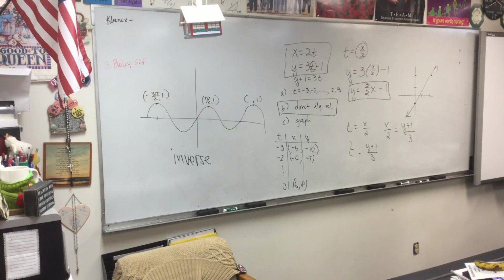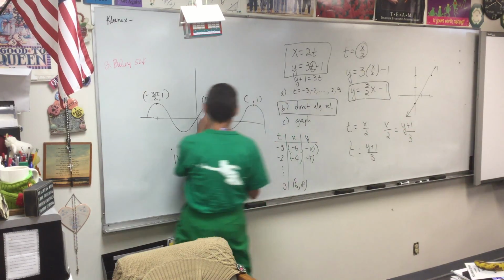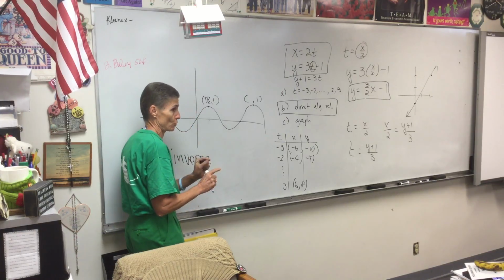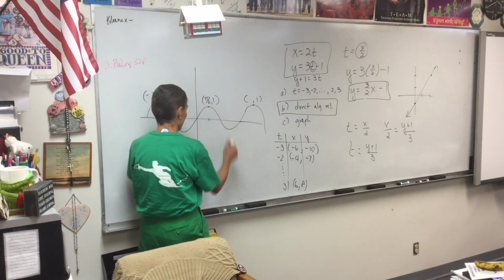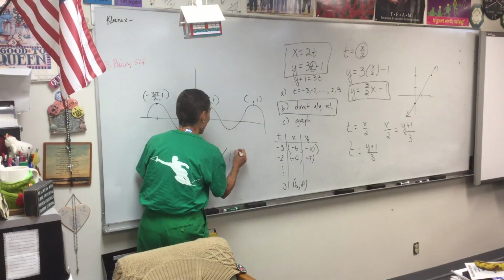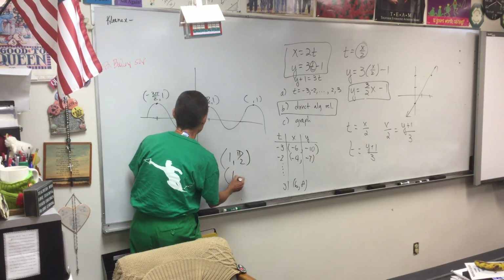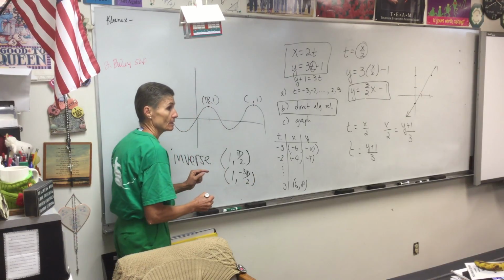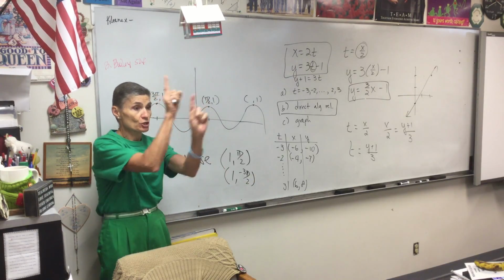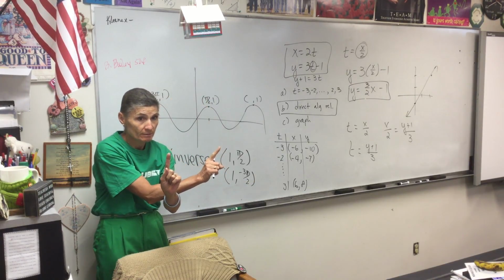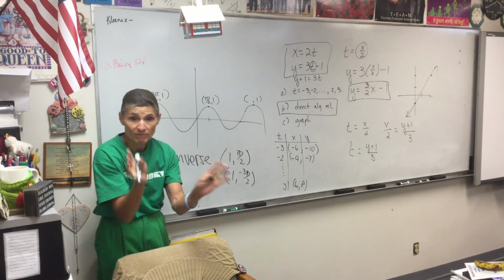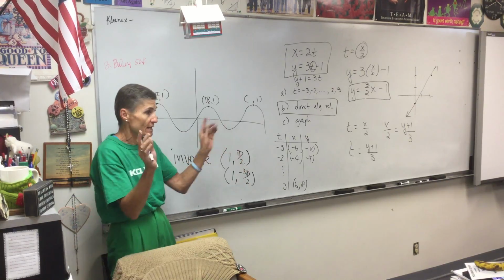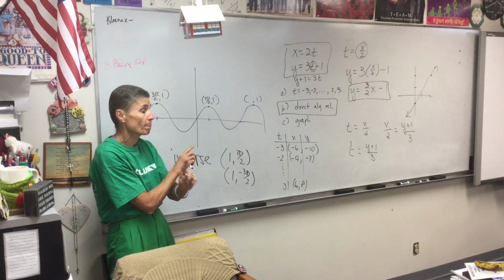So these ordered pairs, if I did the inverse, would turn around and become this. The inverse switches the ordered pairs of every function, not just this one, every function.